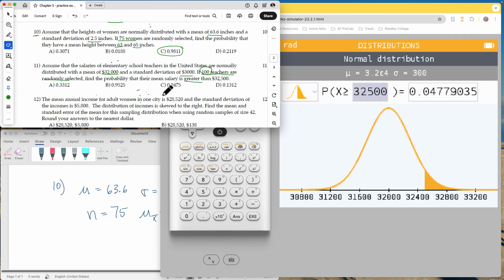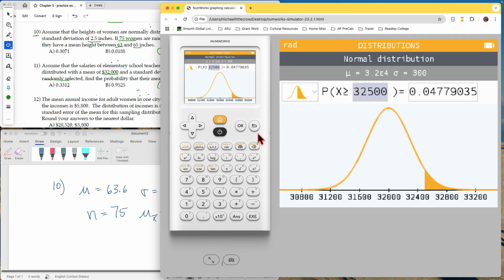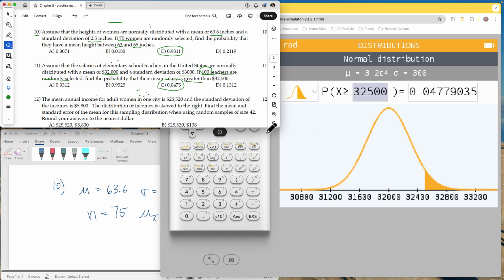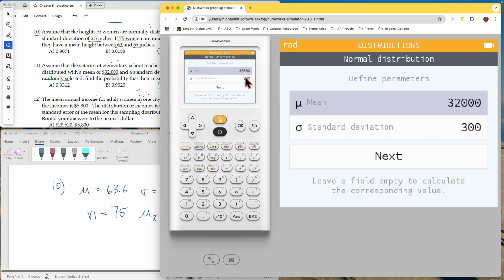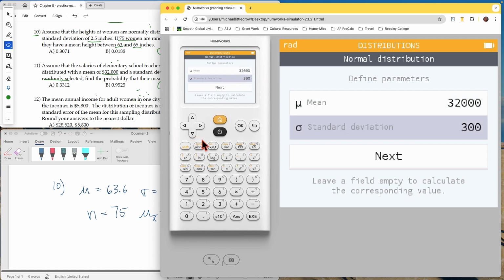I must have put something wrong, it's looking like this number, but my number's not that. I would have got 0.0478. Let's see, what did I do wrong? 32,500, 100 teachers. Did I have 32,000 is the mean, 3,000 divided by 10 is going to be 300.